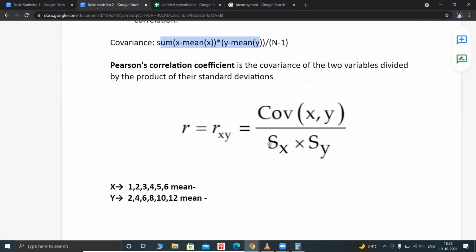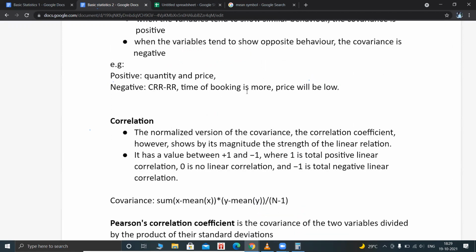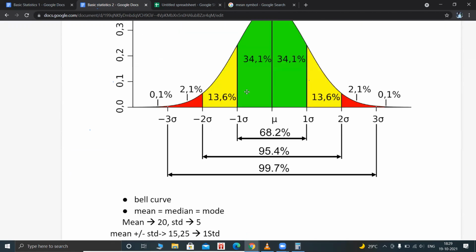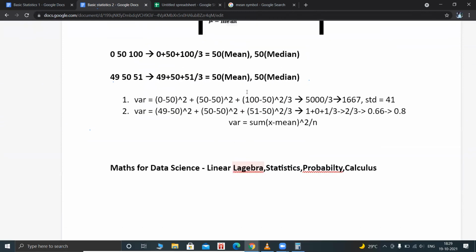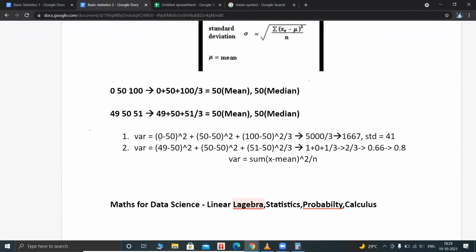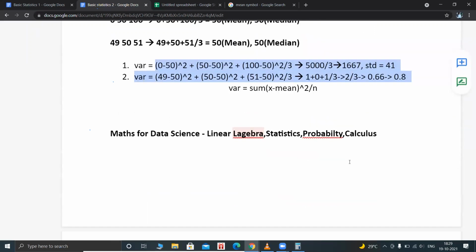Do you all know how to calculate the standard deviation of the x variable and the y variable? Yes, sir. Yeah, so you have the formula, right? Standard deviation is nothing but the square root of variance. You know how to calculate variance, right? So these are the examples, guys. Just try them out, then you'll definitely understand.